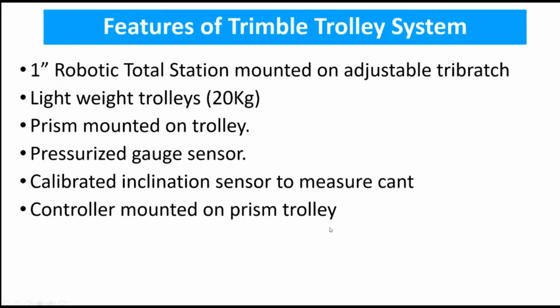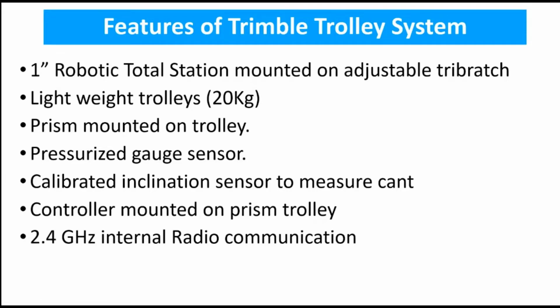There it will be picking up the data, and after comparing with the designed values, it can also display the slews and lifts while moving at walking speed. Then it has got a radio communication system with which the controller can communicate with the total station trolley as well as the prism.